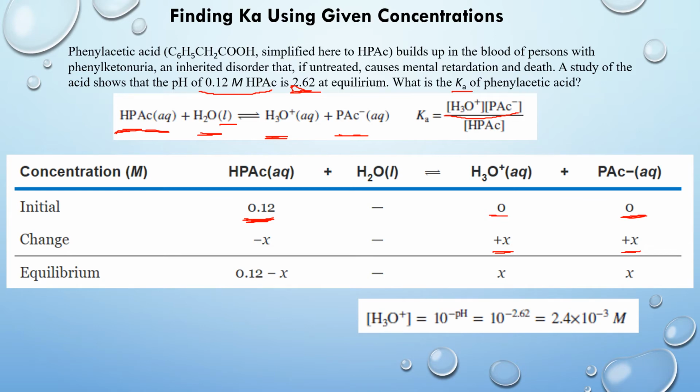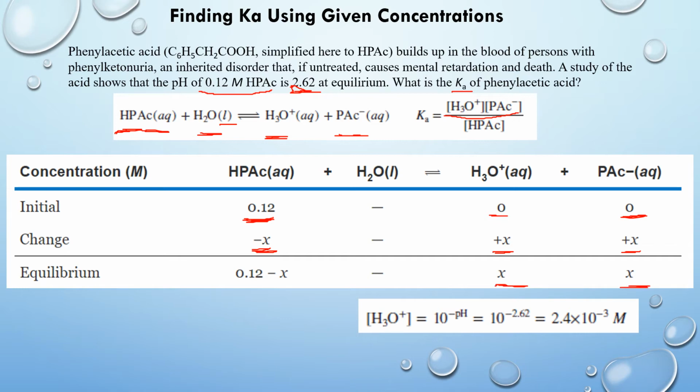That amount is equal to the amount of acid consumed, which is negative x. So at equilibrium, the final concentration of the acid is 0.12 minus x, and the concentrations of the proton and the conjugate base are x.